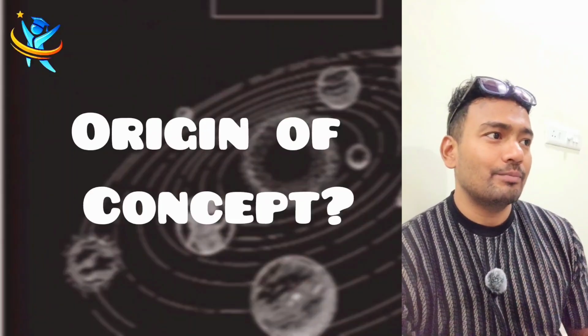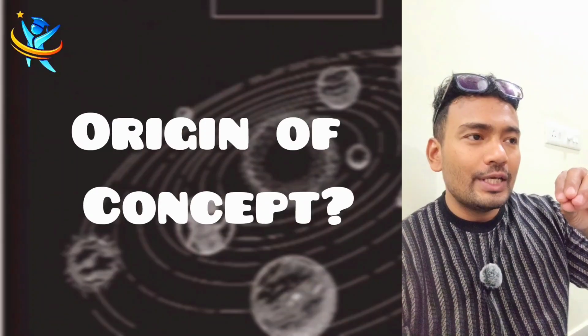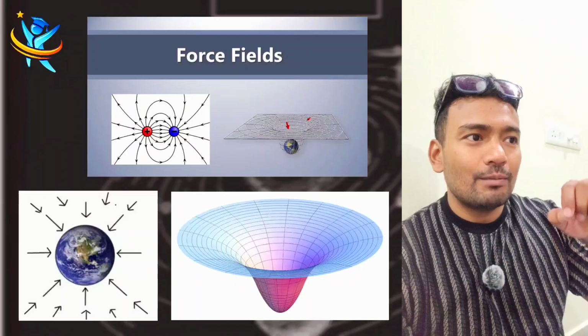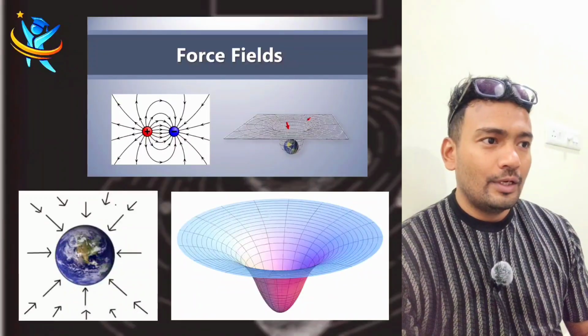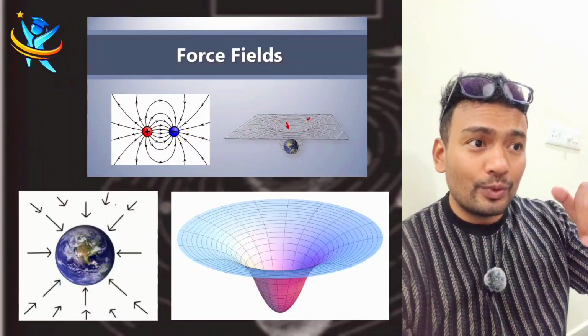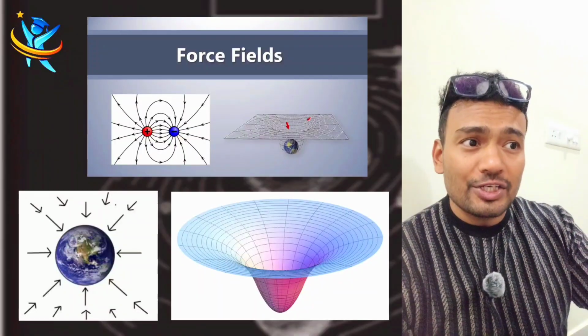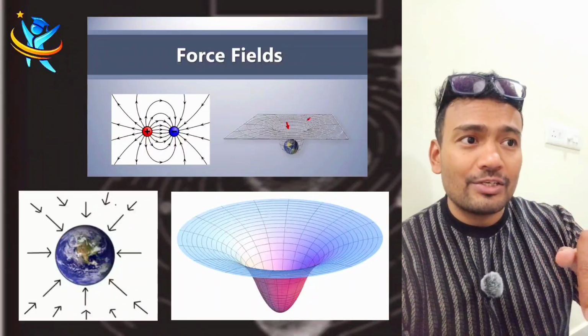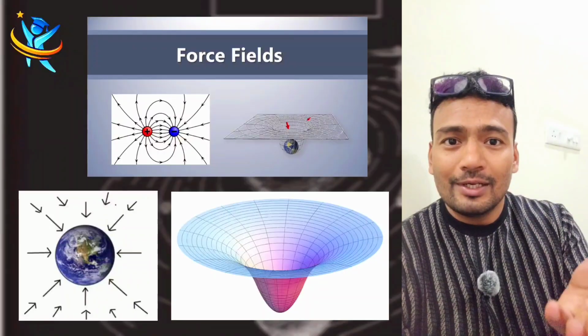So the requirement is very simple, that particular body should exist in some external force field. उस फोर्स फील्ड में वो इंटरेक्ट करेगा, then it is going to have an energy which is actually called interactional energy, which is actually a potential energy.